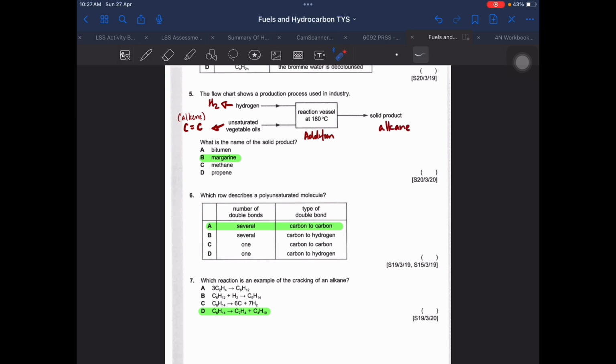Now this is actually what we do when we want to convert from vegetable oil to, this is a fact that you need to know, margarine.